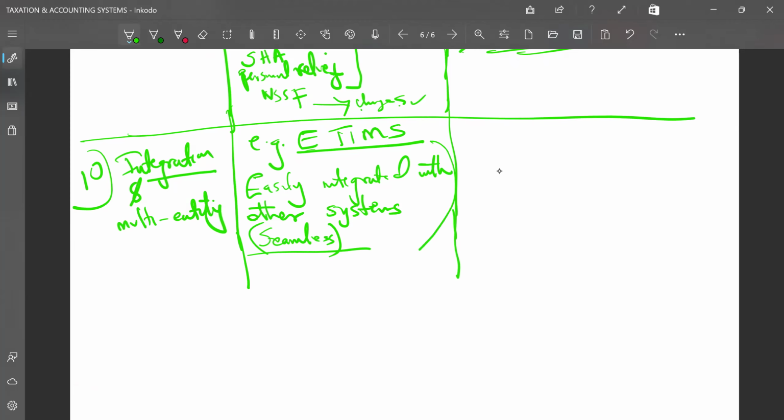Now, if you are a business person in Kenya today, ask yourself, if you're already having an accounting system running, are you able to integrate your accounting system with the eTIMS platform? You'll answer yourself. If you are not able to integrate it, remember, if you are running a cloud-based accounting software and you've not integrated it, reach out to us.